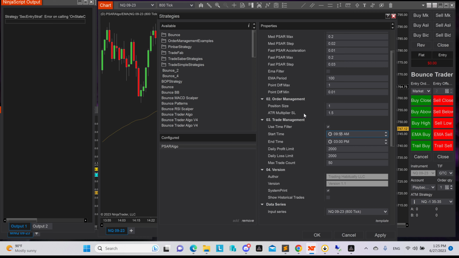So the stop loss defined initially takes the ATR 14 period, which is default, and we multiply it by 1.5. You can multiply it by 1 or like 0.5 if you want a smaller one, and you have a position size here.